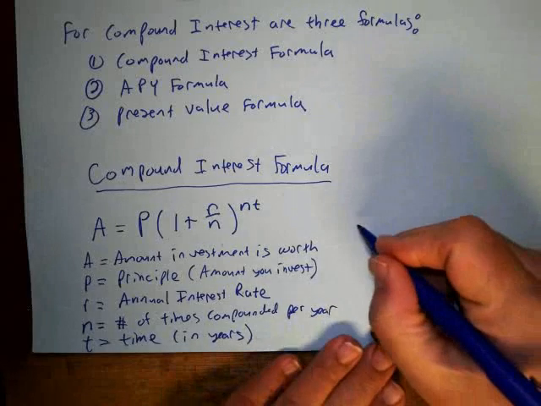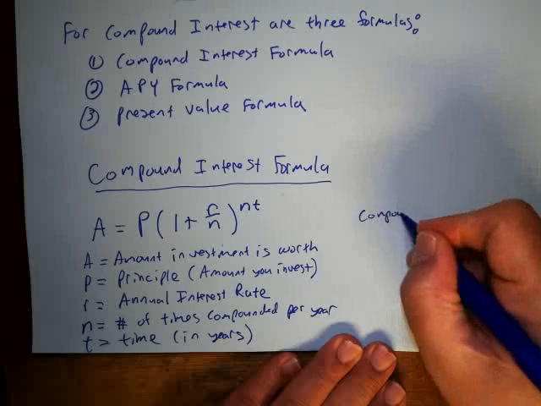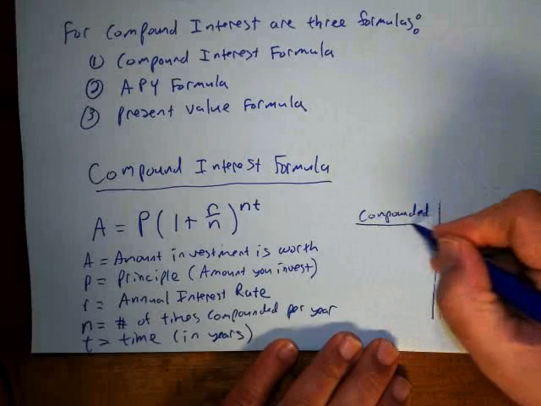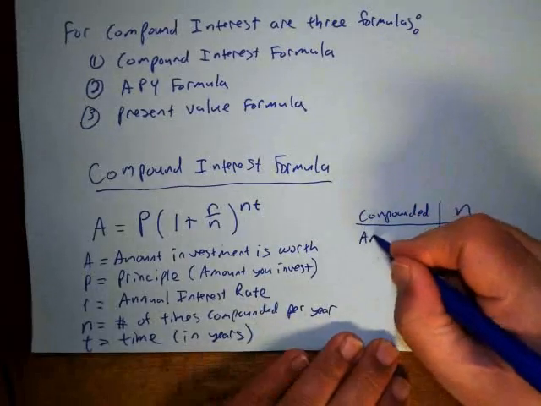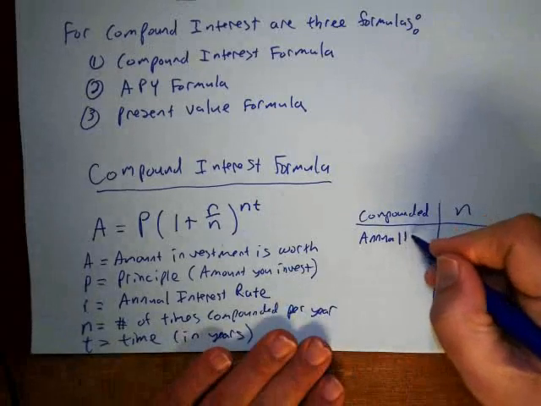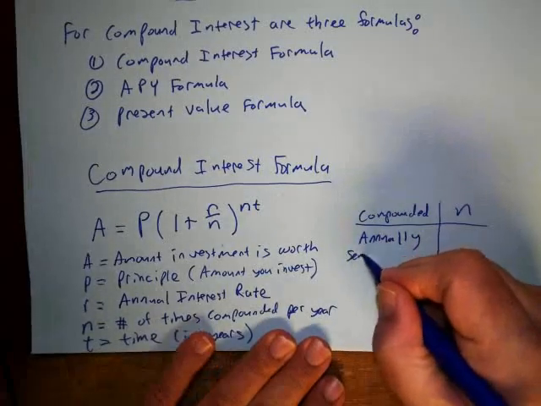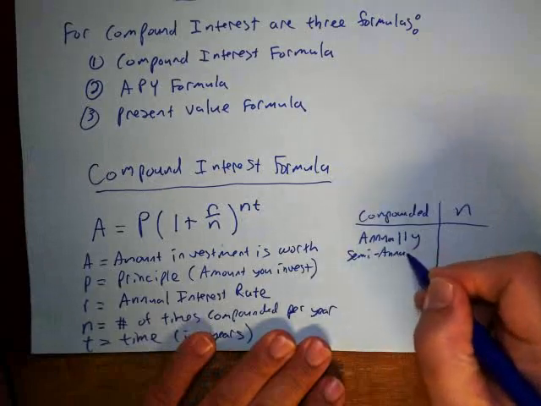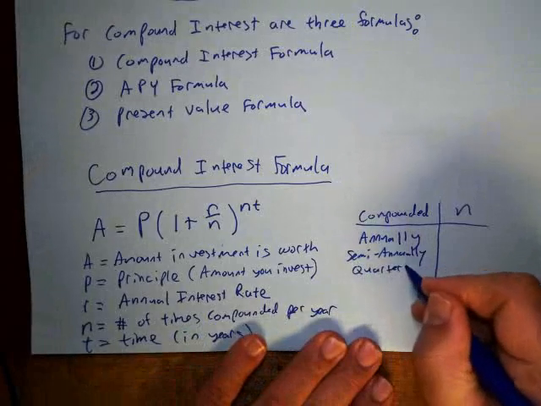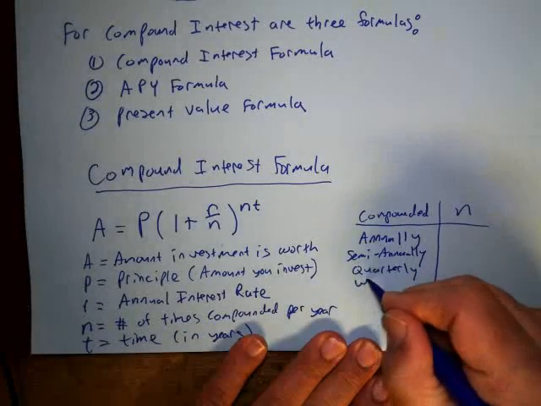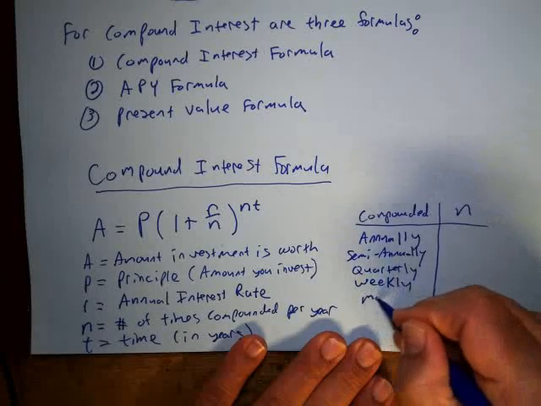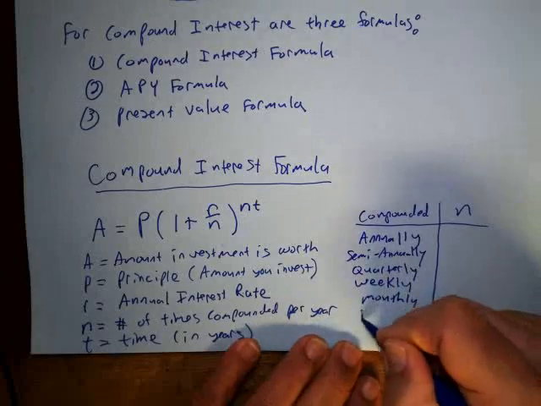Let's talk about N for a second. There are different possibilities for how many times the interest is compounded. The most common are annually, semi-annually, quarterly, weekly, monthly, and daily.